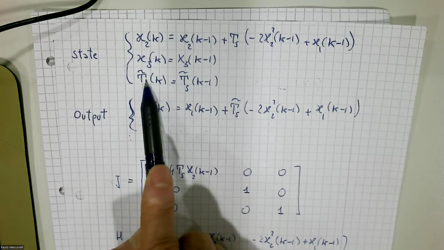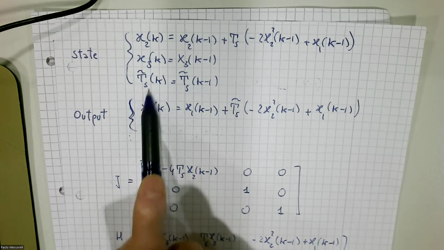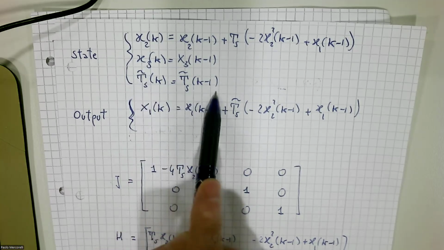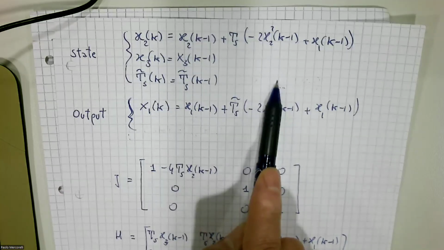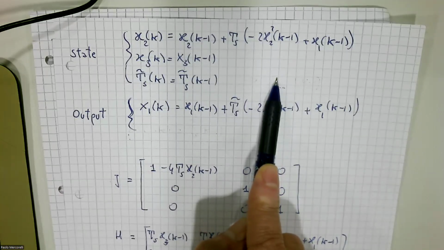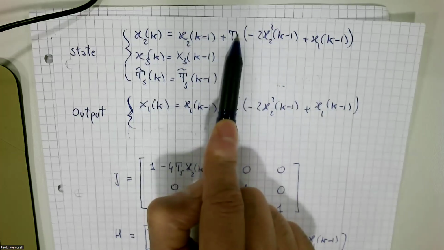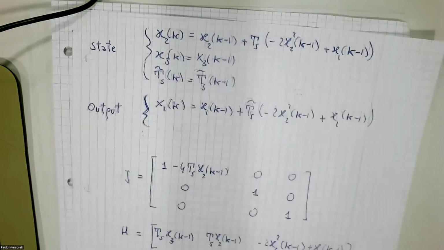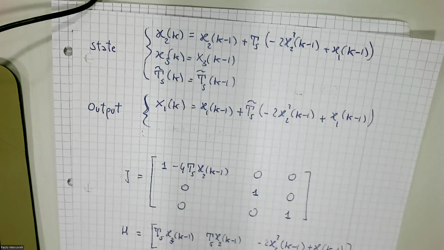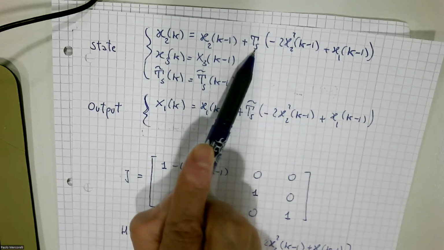I will consider a different augmentation of the state, Ts tilde equal Ts tilde of k minus 1, a constant tilde at each step, but in the context of the states. It's not this Ts here. Isn't it different? This Ts tilde appears in the measurements. This means I will try to estimate Ts tilde in this possible representation, and then once we have Ts tilde, I will update to Ts.